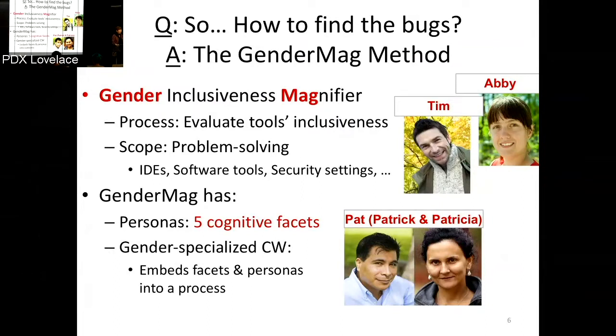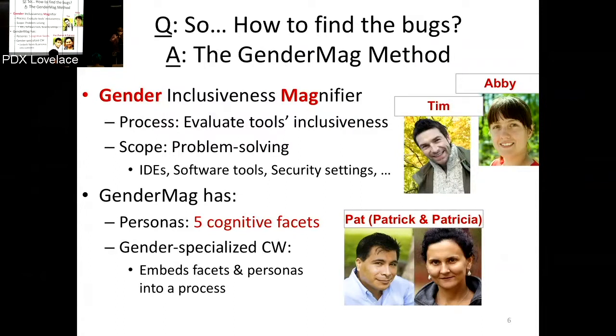But in fact, if you go to gendermag.org, you can just sort of download everything. So it is a software process. You do this with your team. You use this process to evaluate your own software product's inclusiveness, looking for these gender-biased bugs so that you can take them down.